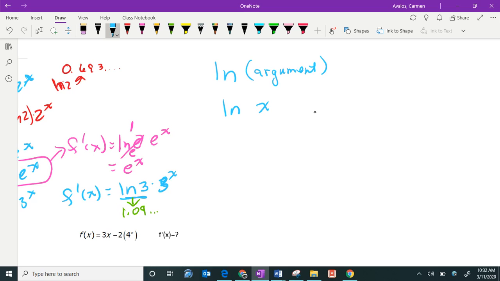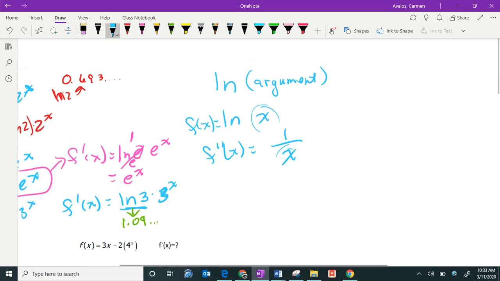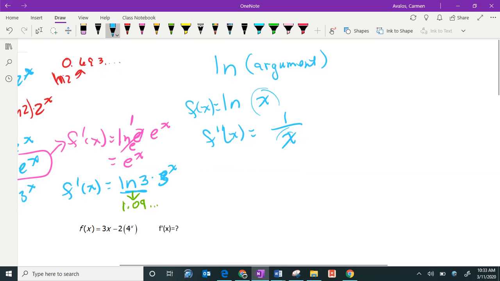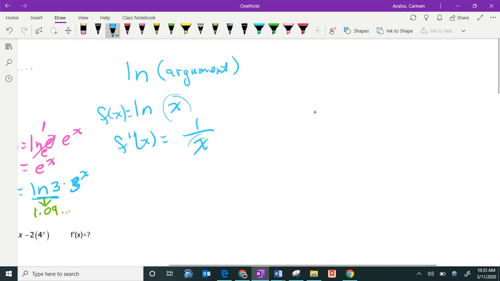The derivative of ln of x is going to be 1 over the argument. So in this case, it's x, so it's going to be in the denominator. And for the trig functions, the derivative of sine of x is going to be cosine of x.